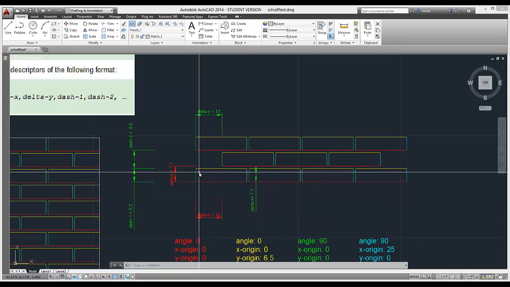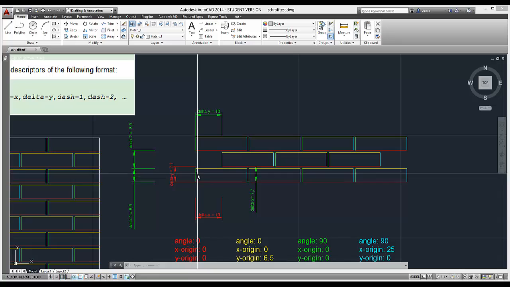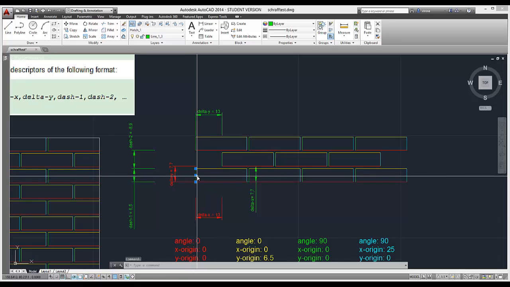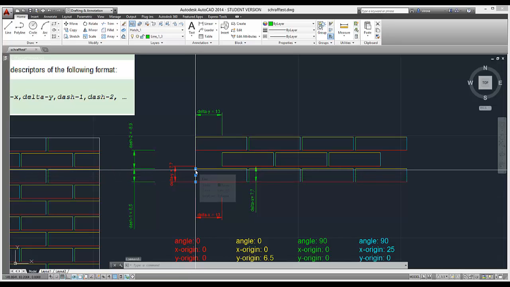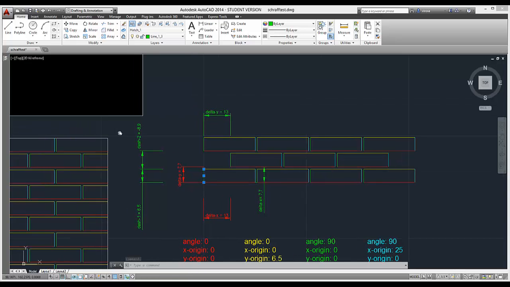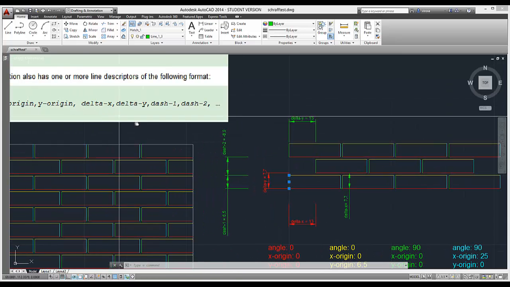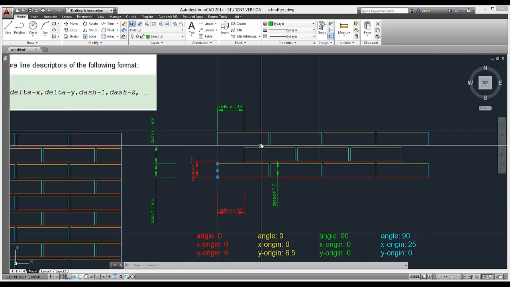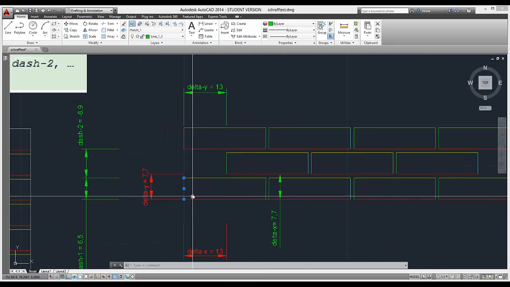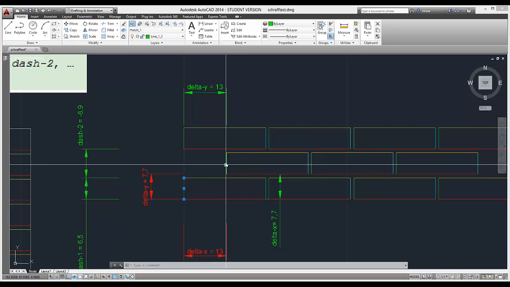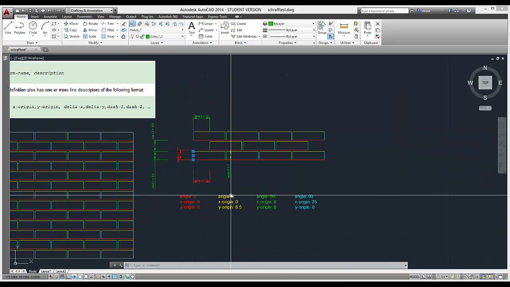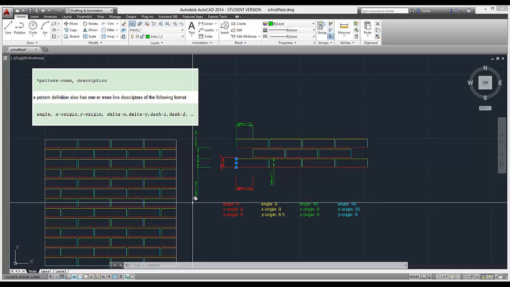So you really have to put some thought into it, in which way these values, the delta x and the delta y, affect the pattern. And that's probably the difficult part about it.